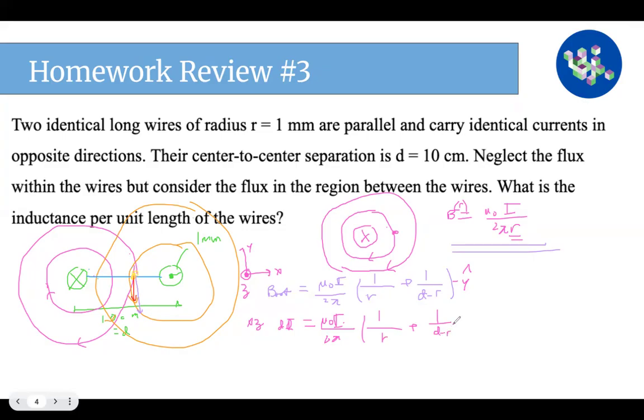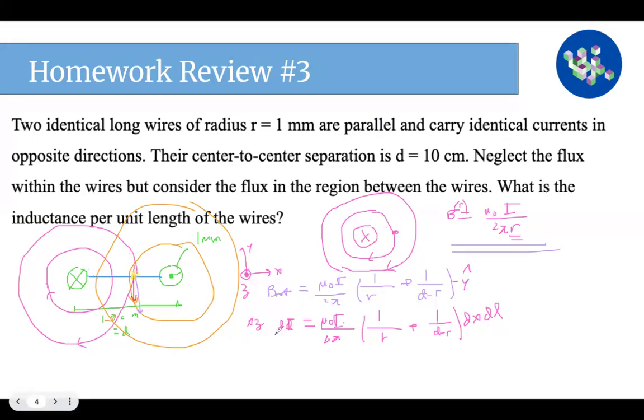This is in the y cap direction, so we dot onto the xz direction, and we'll get times dx and times dz. Well, dz you can also write as dl of the wire, because the wire is in the z direction, so we'll say dx dl.